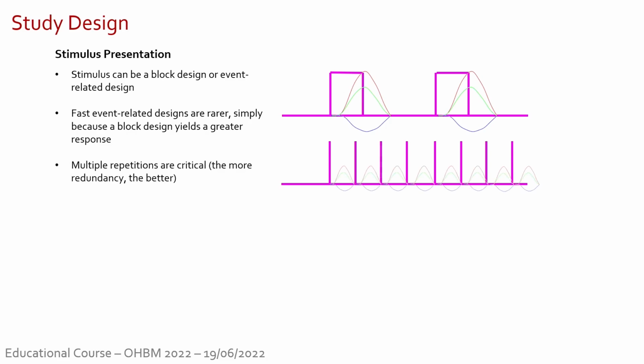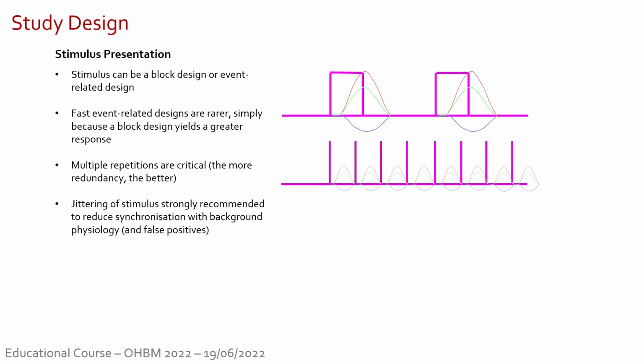And as we said, multiple repetitions are important to increase the statistical power of your response. Something we highly recommend is jittering, to reduce the synchronization of your background physiology, for example respiration, and to avoid false positives. Jittering just means that instead of always having the same constant duration of baseline and condition, you introduce a slight variation, for example 6 to 8 seconds, or 6 to 9 seconds.